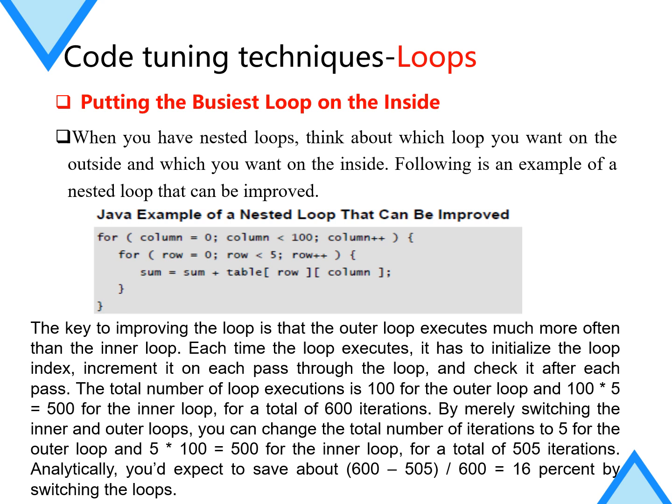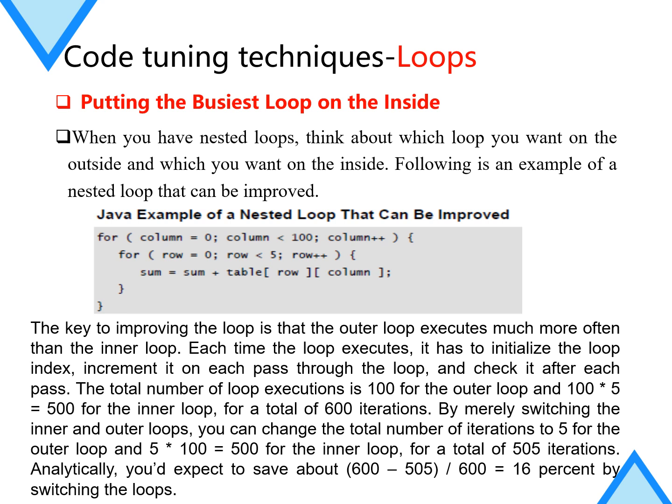But if we change the position of the loops, then by manually switching the inner and outer loops, you can change the total number of iterations to 5 for the outer loop and 5 multiplied by 100 equal to 500 for the inner loop, for a total of 505 iterations.